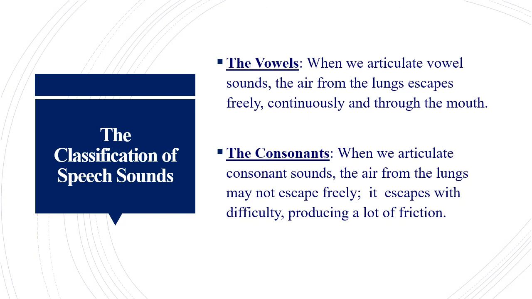Students, when we articulate vowel sounds, the air from the lungs escapes freely and continuously through the mouth. You all know, and you can try it. And on the other hand, when we articulate the consonant sounds, for example p, b, s, t, the air from the lungs may not escape freely.